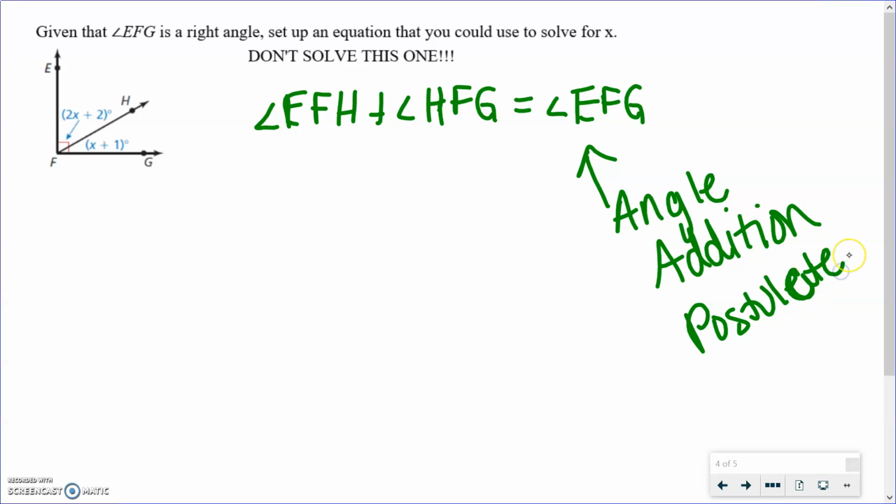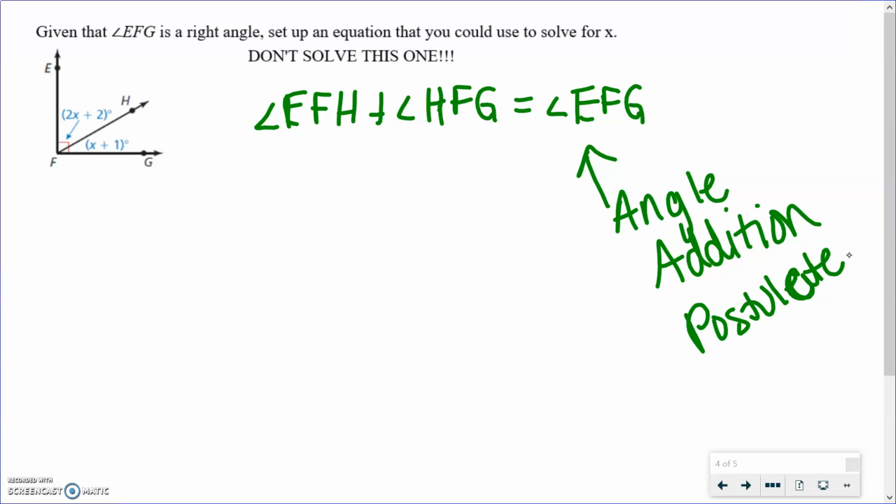We talked about the segment addition postulate on Monday, and how if you take two pieces of a segment and add them together, that's going to give you the entire segment, and you can just use that to solve for parts and pieces. Well, this is the angle addition postulate, which is exactly the same, just using angles. So if we have angle EFH plus angle HFG, we get the total angle EFG. So the two smaller parts make up the whole thing.